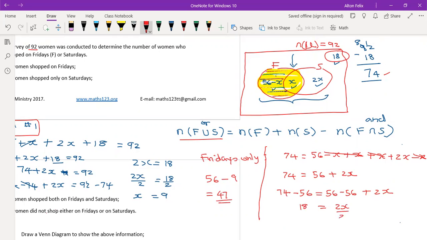And of course, when we divide both sides by 2, we will end up with the same answer for x. x would be 9. And the working continues basically from here the same way. Those who shop on Fridays only will be 56 minus x, which is really 56 minus 9 as shown, giving us the answer of 47.